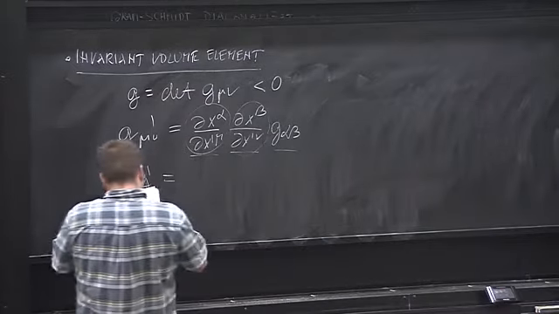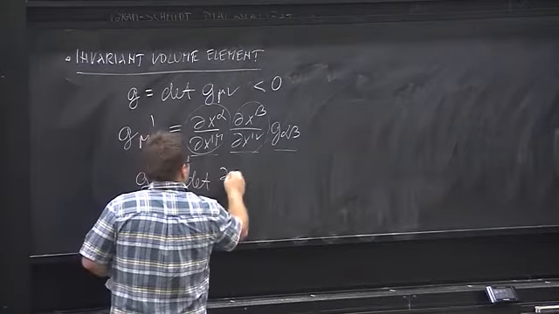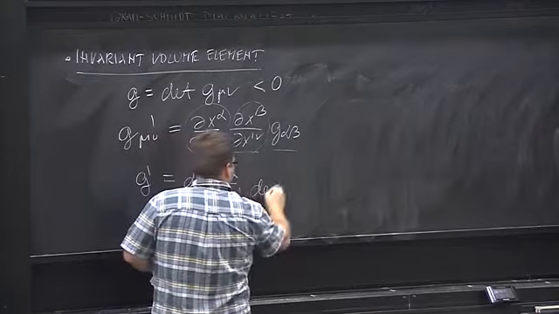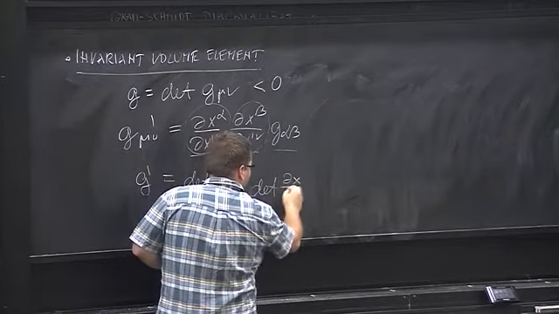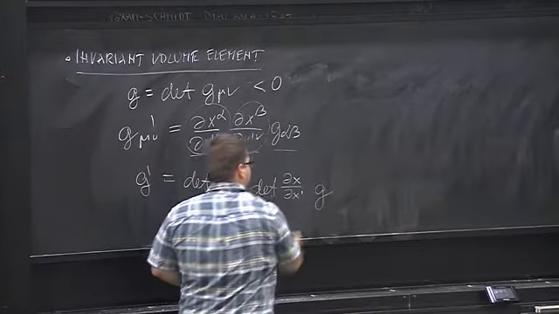So it will be the determinant of dx over dx prime, times the determinant of dx over dx prime, and times g.